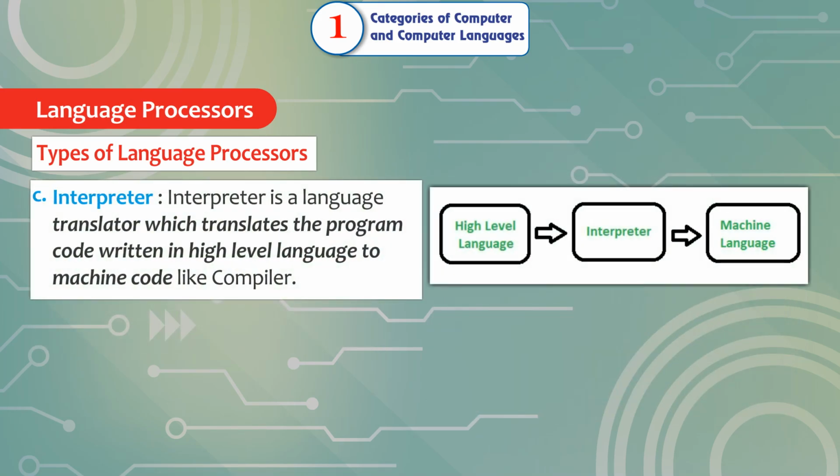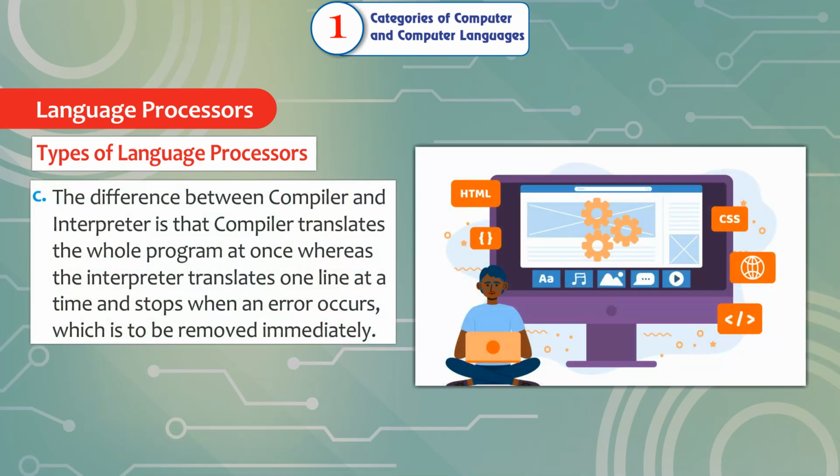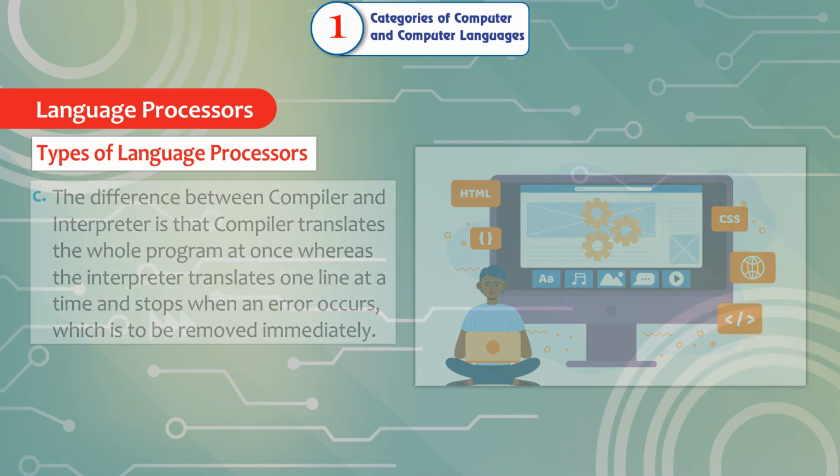C, Interpreter. Interpreter is a language translator which translates the program code written in high-level language to machine code, like a compiler. The difference between compiler and interpreter is that a compiler translates the whole program at once, whereas the interpreter translates one line at a time and stops when an error occurs, which is to be removed immediately.